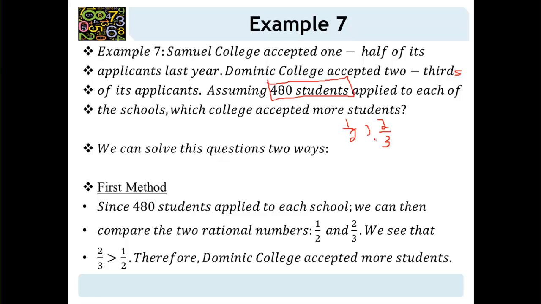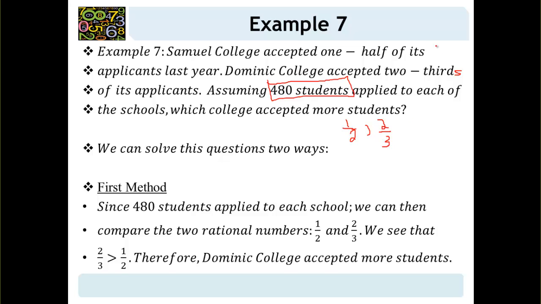We can do that because the same number of students applied to each school. We can just directly compare 1/2 with 2/3 and find out which one is greater. So whichever one is greater, that college accepted more students.